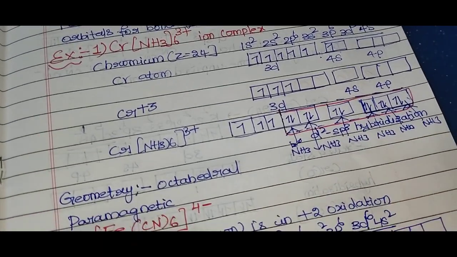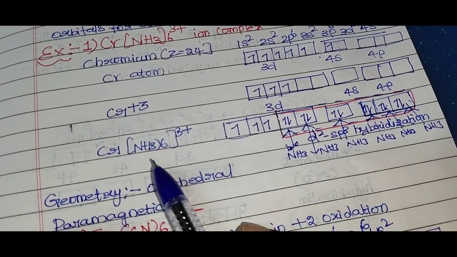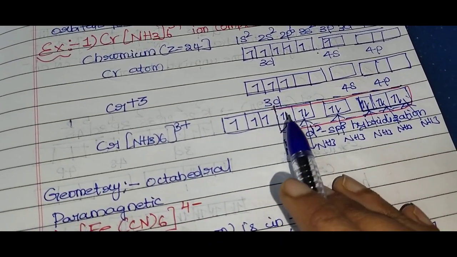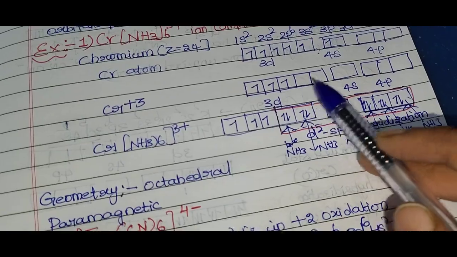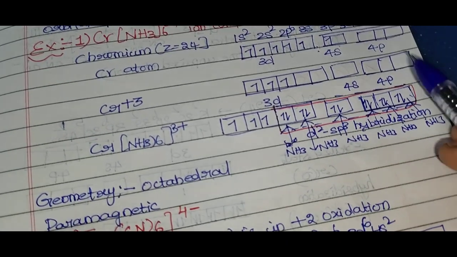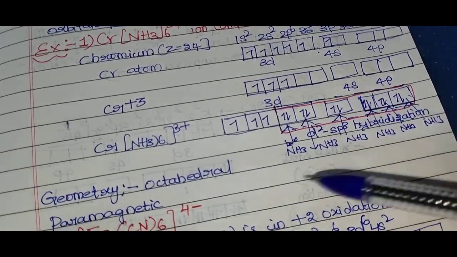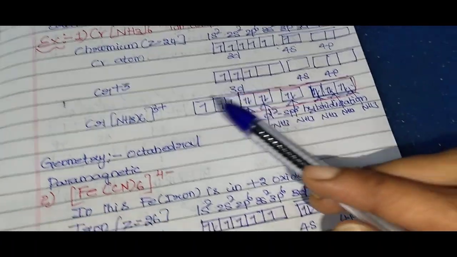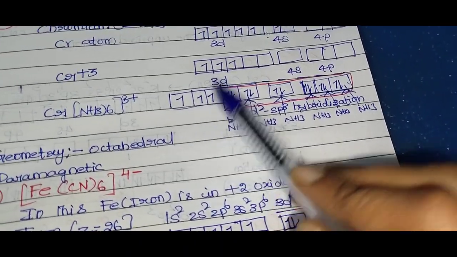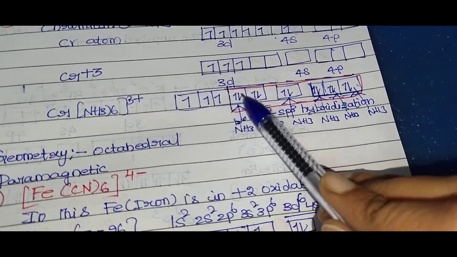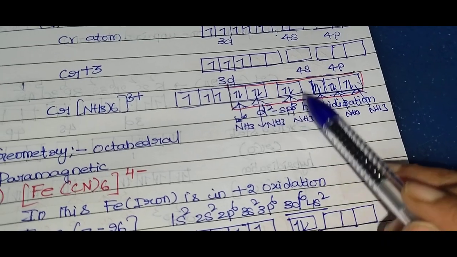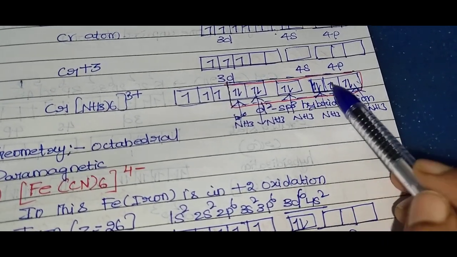Then when the NH3 ligands are attacking, there are vacant spaces to fill with the electrons which are given by the ligand. So 1, 2, 3, this will be like that only, and the NH3 will be attacking these orbitals.